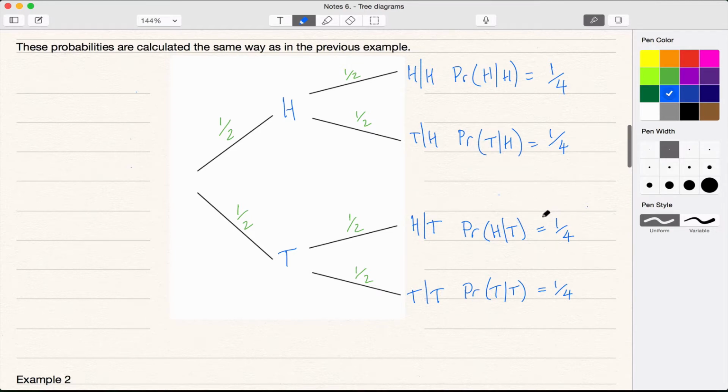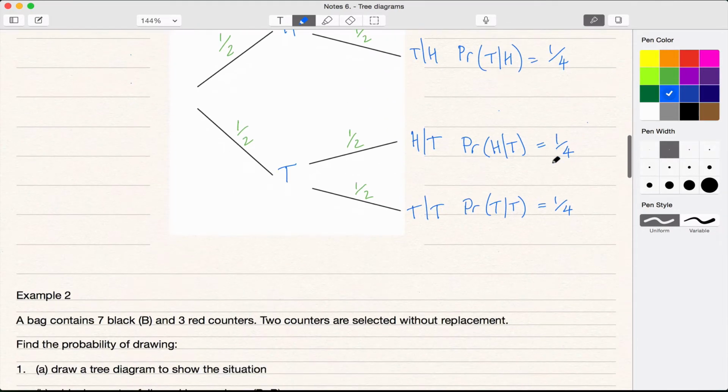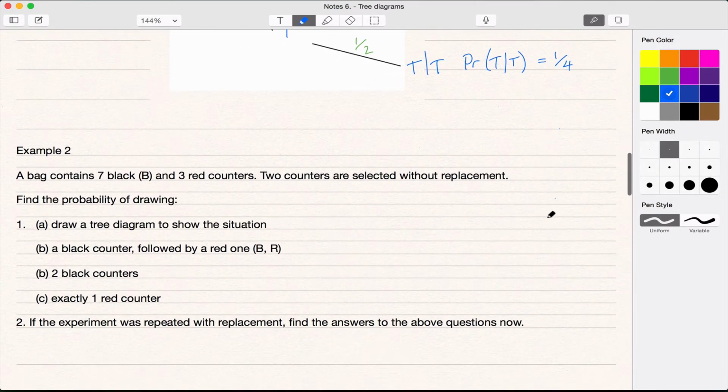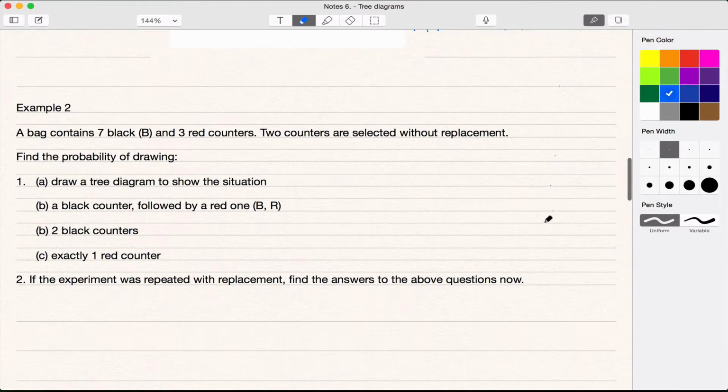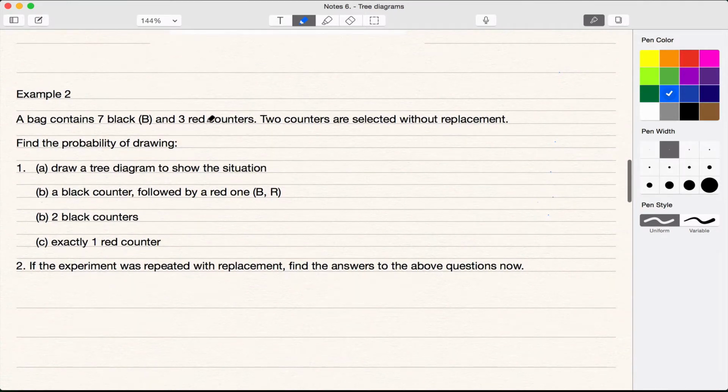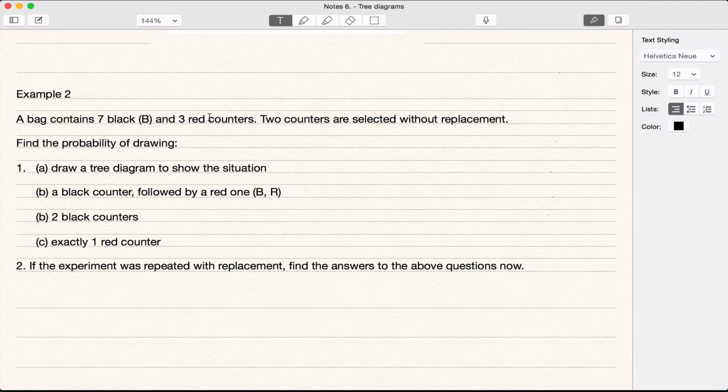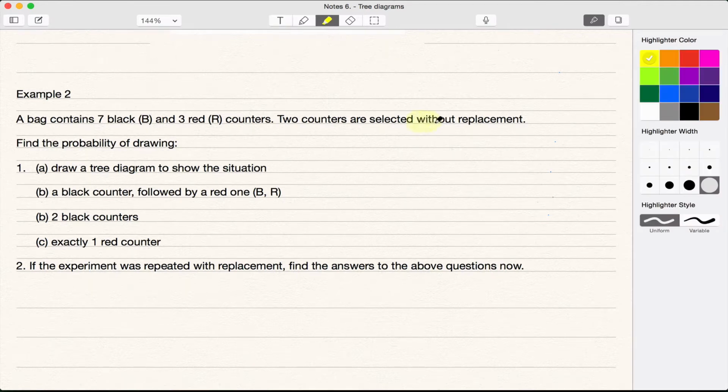Okay. Looking at our second example. A bag contains 7 black, B, and 3 red, which is going to be R, counters. 2 counters are selected without replacement, and that's something that's important to take note of.